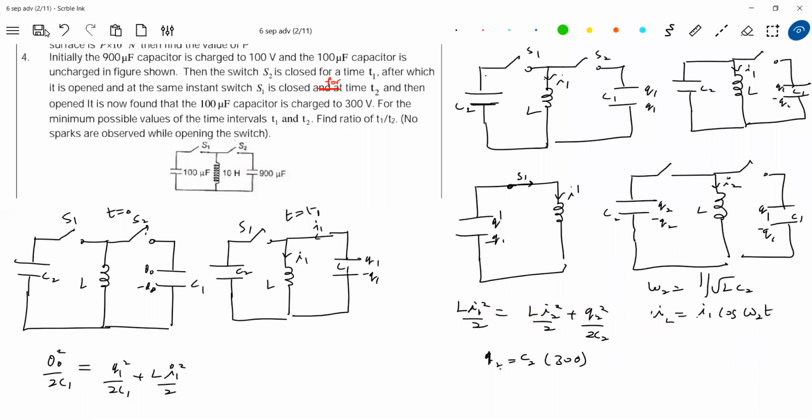Then here, in this equation, when the current across the coil has become I2, then the switch, what will happen? The switch S1 was open, no? So this will become T2. So two equations, two unknowns. I2 I'll get in terms of I1, that I'll substitute.